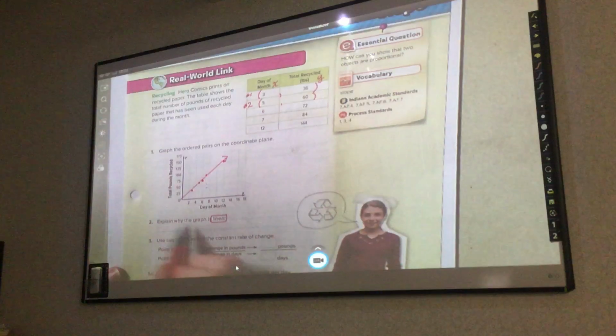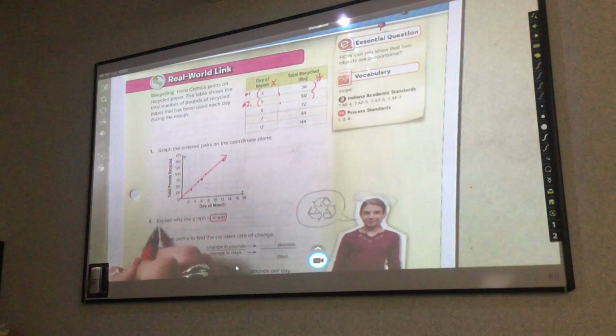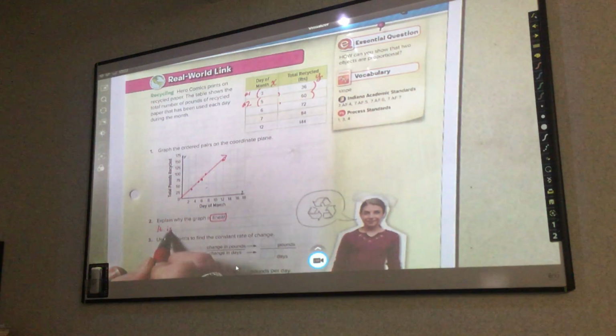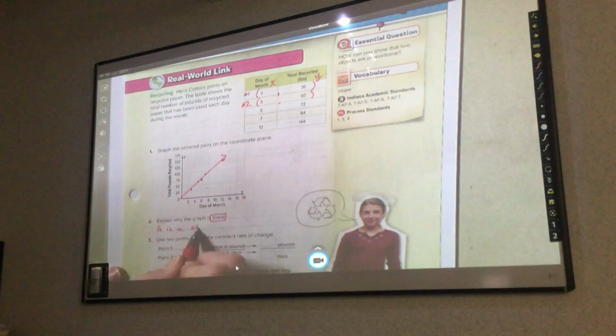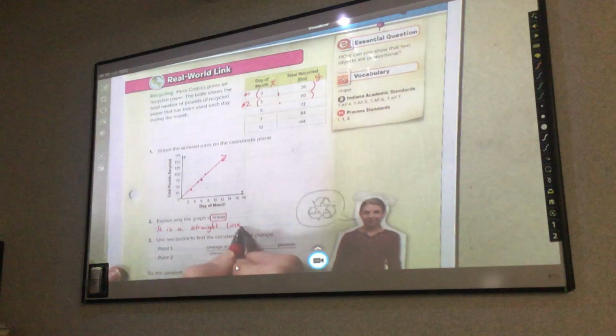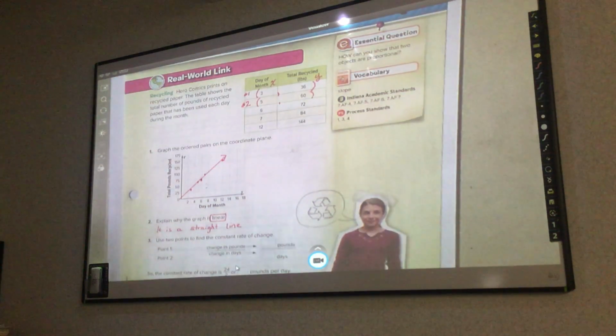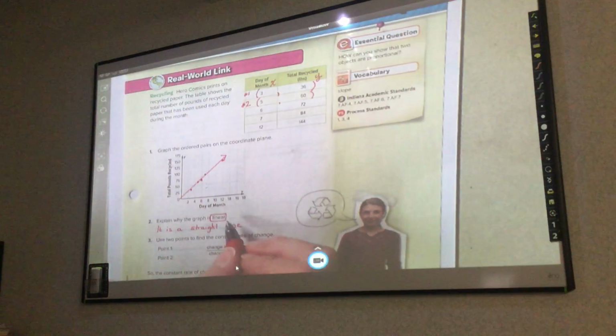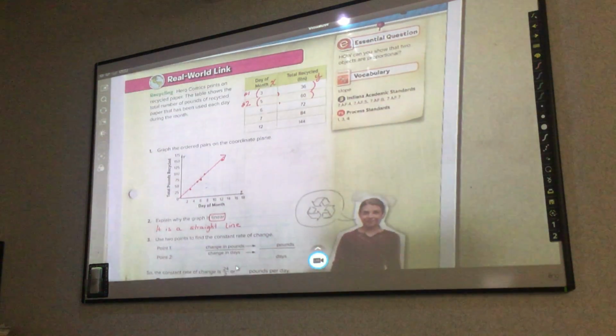So explain why the graph is linear. It goes to the origin. It is a straight line. It's not linear because it goes through the origin; it's proportional if it goes through the origin and is a straight line. Linear just basically means line. Can it form a line?